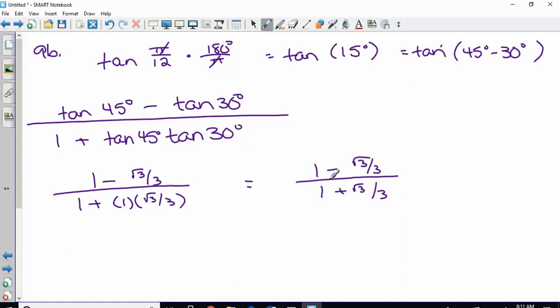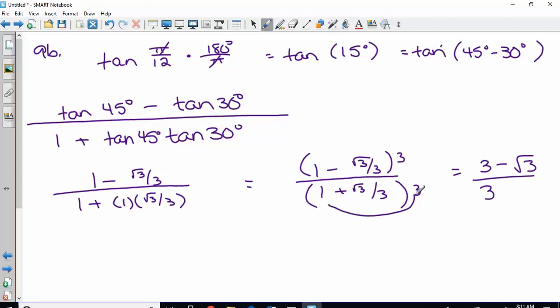What I told you on these is that I would allow you to leave a radical in the denominator, but I didn't want a fraction in a fraction. So what's a quick way to get rid of that? So now if you distribute, 1 times 3 is 3, minus radical 3 over 3 times 3 is radical 3.